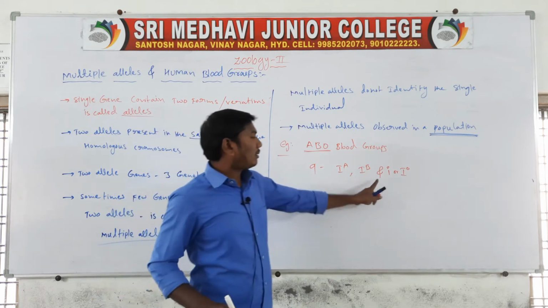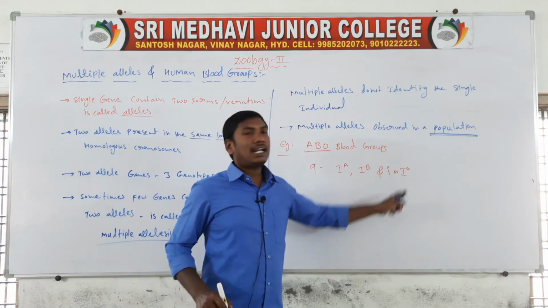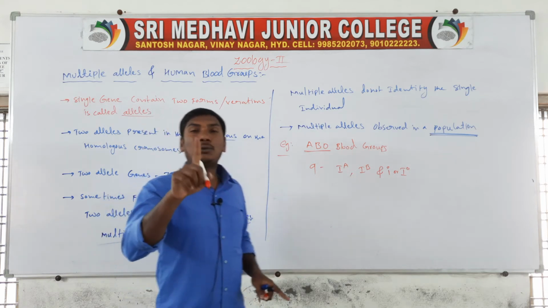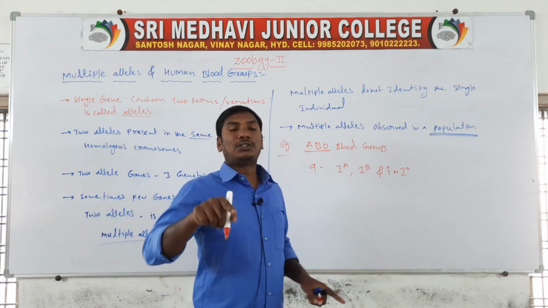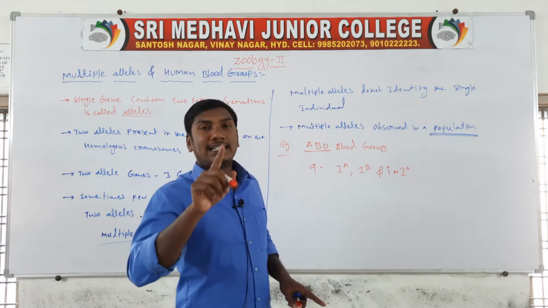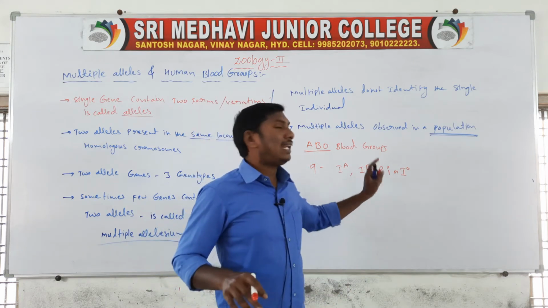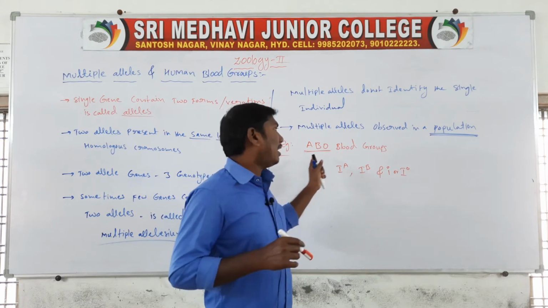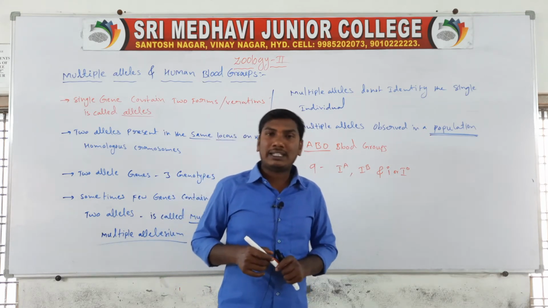These 3 alleles are present on the same chromosome, the 9th chromosome. So, ABO blood groups are an example of multiple alleles.